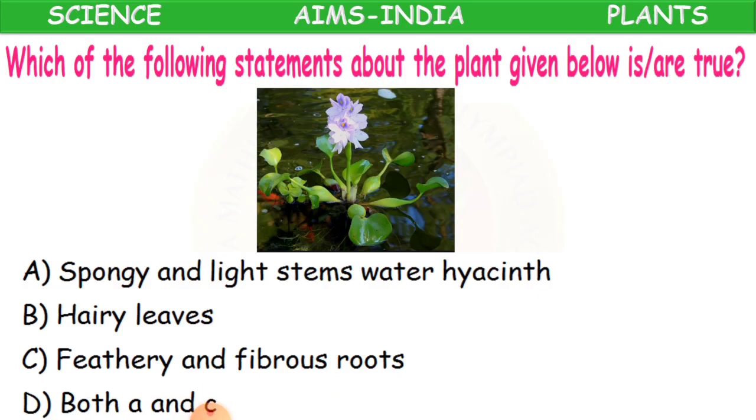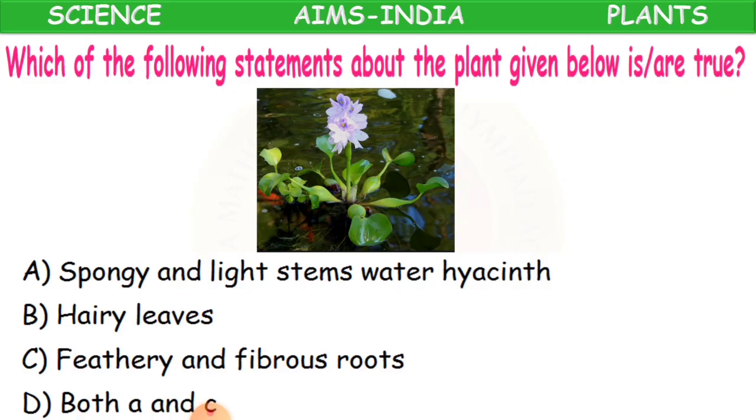The next question, children. Which of the following statements about the plant given below is or are true? Here you have got a plant and you have to identify which statement about this plant is true.